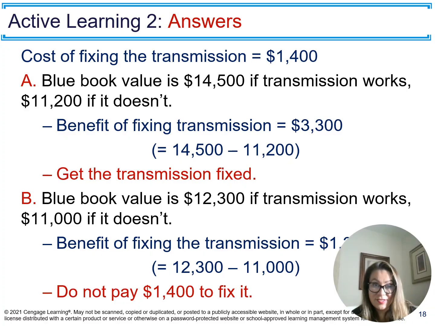But fixing the transmission costs $1,400. So in that case, it's not worth it to fix the transmission, because the benefit you would get is smaller than the cost of fixing the transmission.